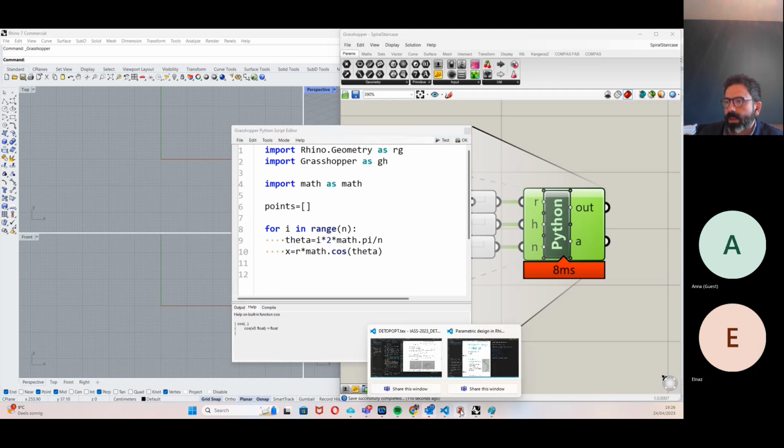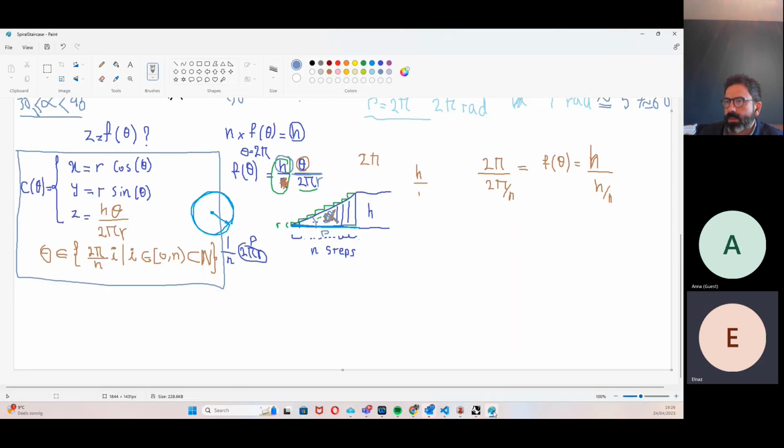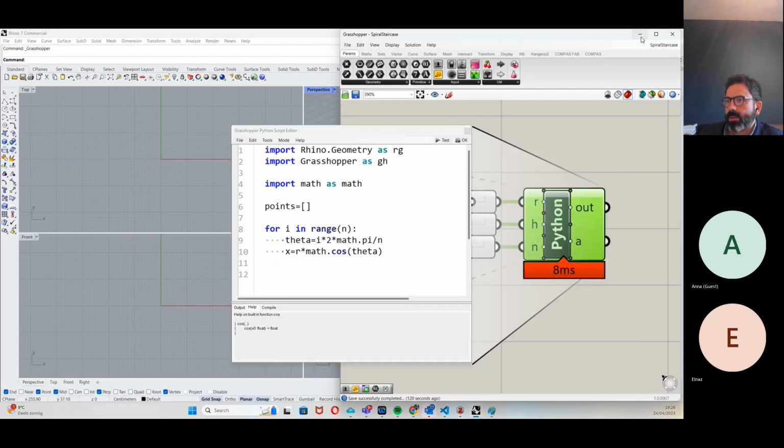Shall we check our math? Mathematically, it's correct. 2 times pi times I divided by n. Yes. But I would like to just make it prettier by putting these in parentheses. And to make sure that this angle is going to be a float, I'm going to put a 0.0 here. But pi is also a float, so maybe I shouldn't bother.